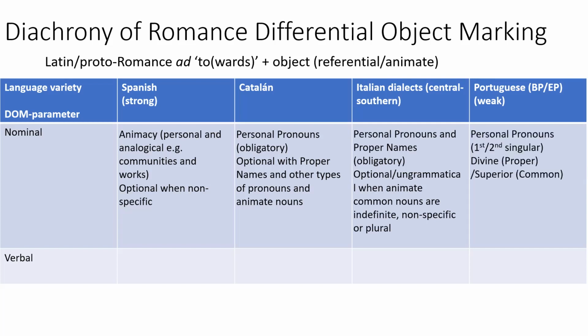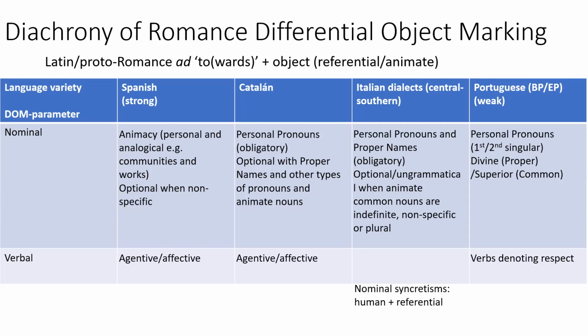In Portuguese, it's personal pronouns and divine, superior nouns. Agentivity plays a role in Spanish and Catalan. In Portuguese, it's respect, and the note secondary predication. But there are nominal syncretisms in Italian varieties, and there are also verbal syncretisms in Portuguese. And these two types of syncretism are well rooted in Latin, as we saw on the previous slide.